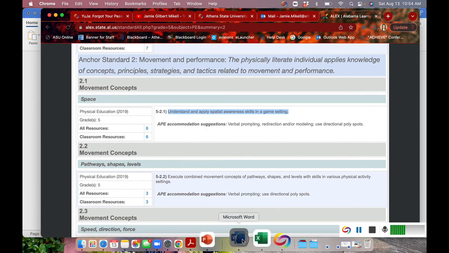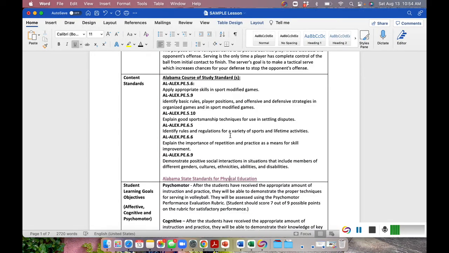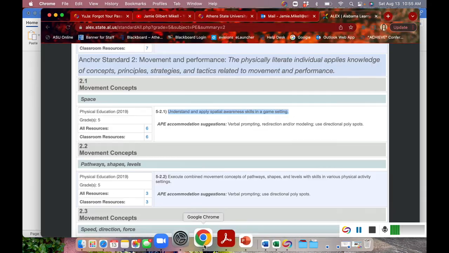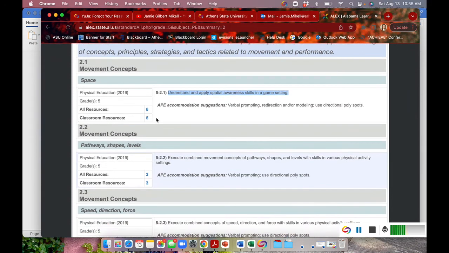I'm going to bump back into our lesson here. So you can see what this person does is they put ALEX PE 5.6, 5.9, 5.10. Okay, so I'm going to go back to our standards. Here's what this person did. 5-2.1, sorry, this is why I have my glasses on. 5-2.1, so you put the number of the standard here, and then you copy and paste.